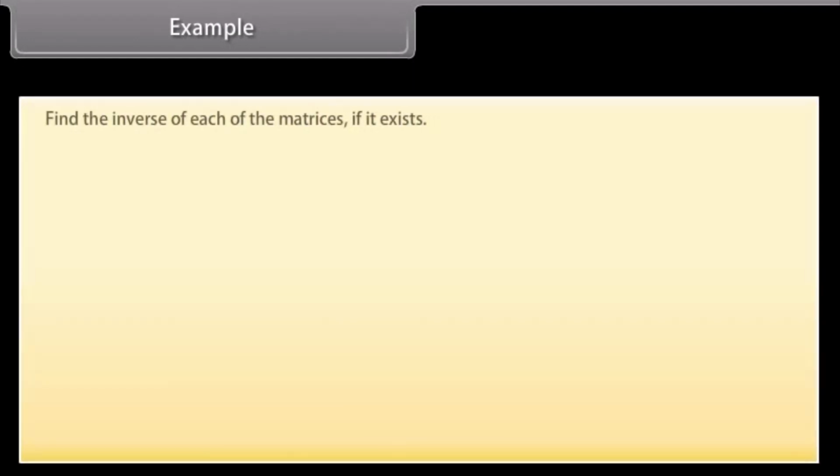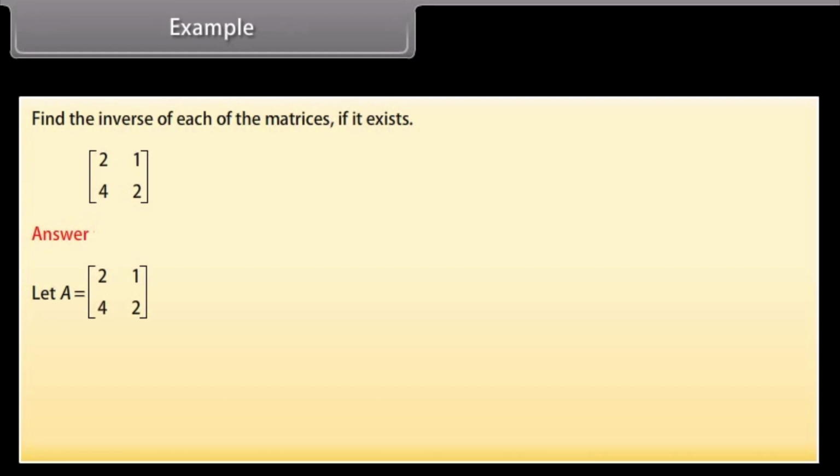Example. Find the inverse of the given matrix, row-wise first row 2, 1, second row 4, 2. Let the given matrix be A. We know that A can also be written as AI.